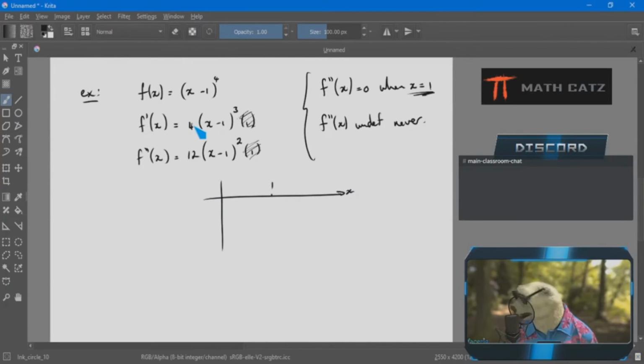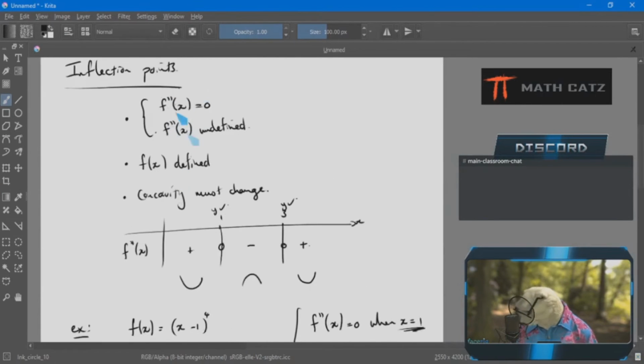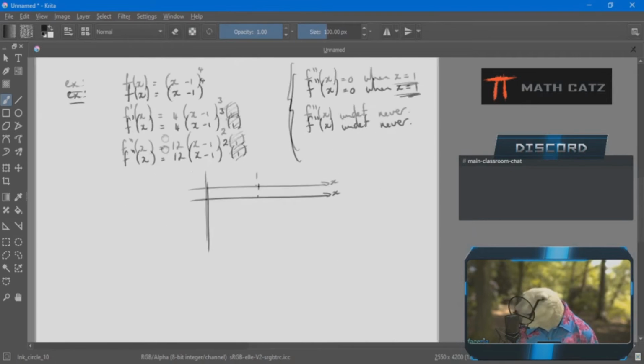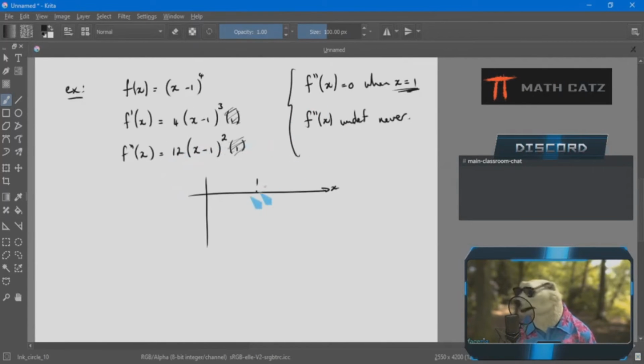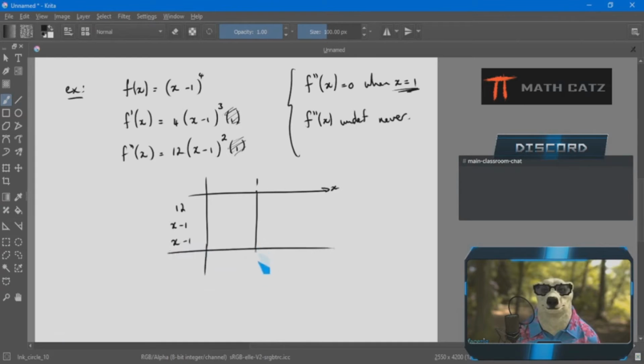Because I've only checked the first part. But it's definitely a potential inflection point. I list everything, maybe a 12, maybe an x minus 1, and there's another one. And together, they give me the second derivative.